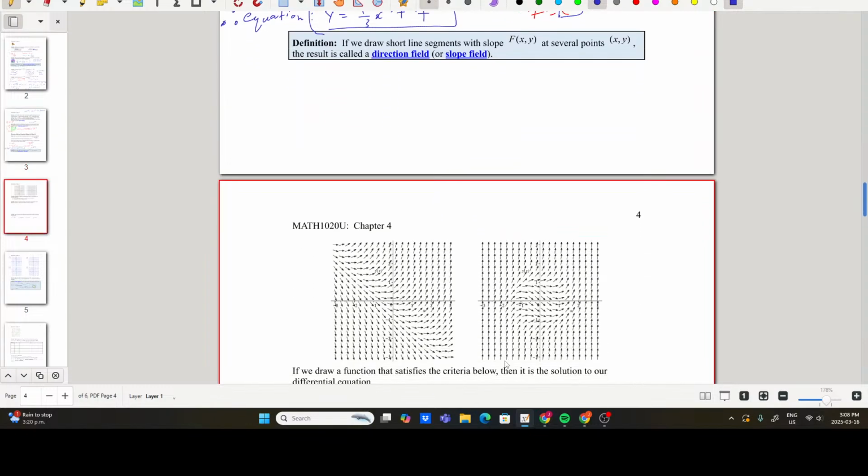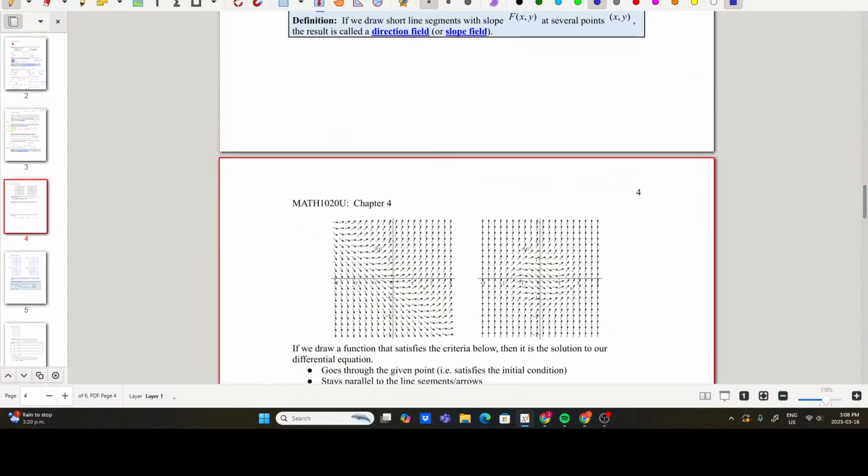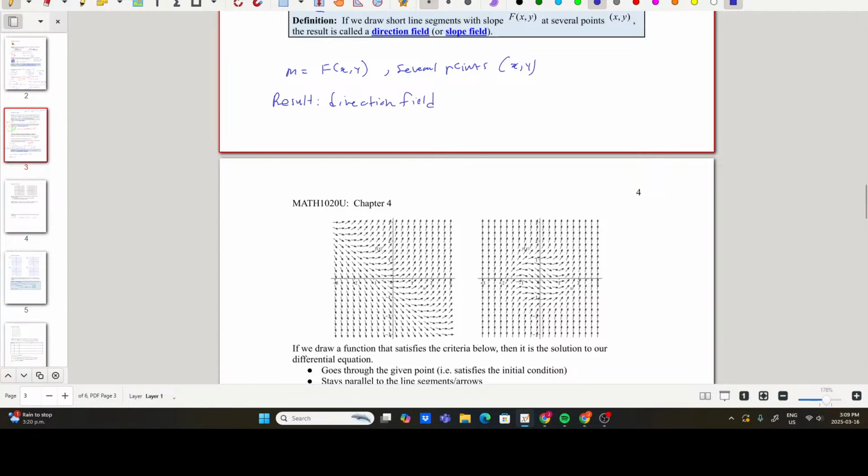Okay. If we draw short line segments with slope f(x, y), so we have a slope of f(x, y) at several points (x, y), that's a direction field.